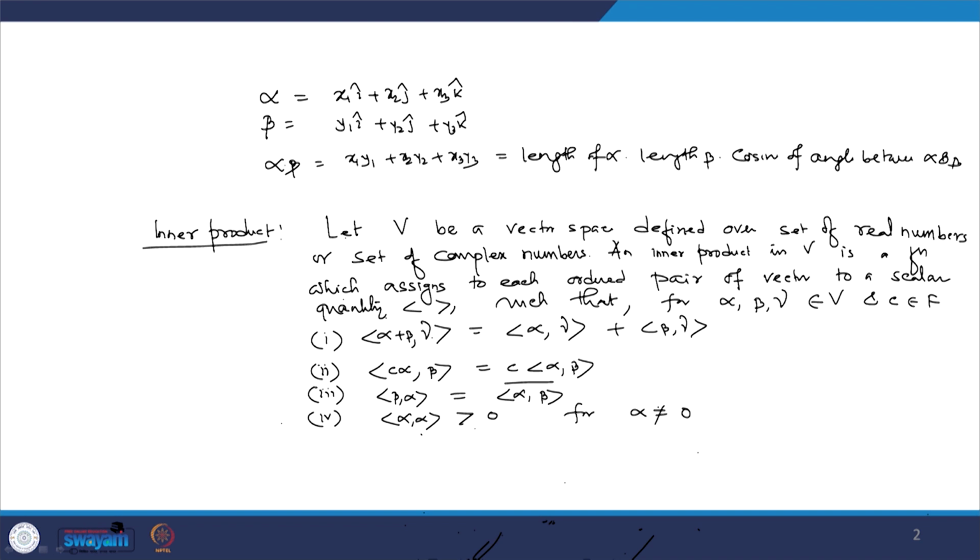And based on axioms 1, 2, 3, we can also write another axiom like that: the inner product of alpha, C times beta plus gamma, equal to C bar times the inner product of alpha, beta plus the inner product of alpha, gamma.